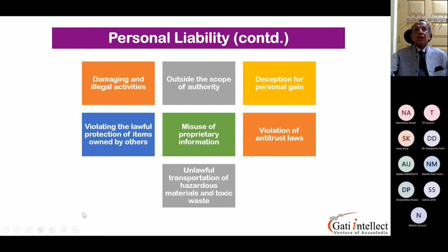Now let's look at personal liability a little more in detail. Getting into damaging and illegal activities against the organization, outside the scope of authority, or indulging in activities which are outside the scope of the organization. Then deception for personal gain.